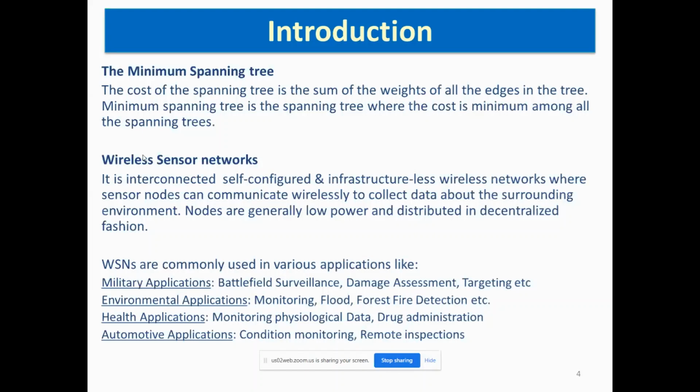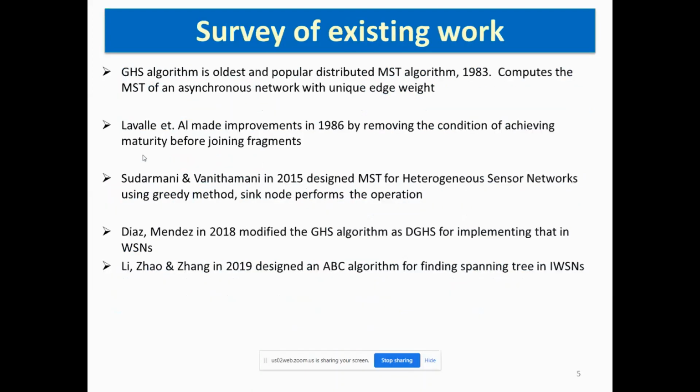The problem is that, due to design challenges like energy efficiency, memory constraints and operational constraints, it sometimes becomes hard to perform existing cluster based methods or centralized operations in wireless sensor networks.